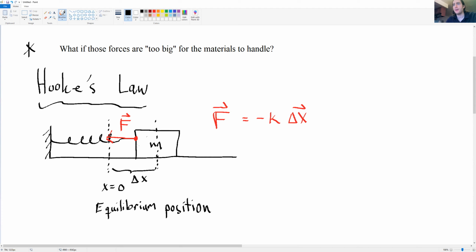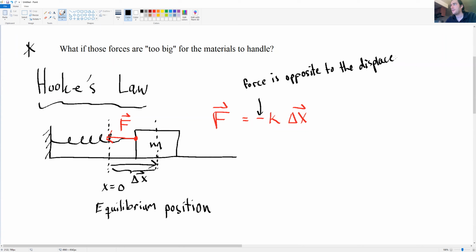And delta x really is a vector. We can see that the displacement from equilibrium is to the right, so maybe I can draw that here. The displacement is to the right. That means the force is to the left because of this minus sign, right? So the force is opposite to the displacement.